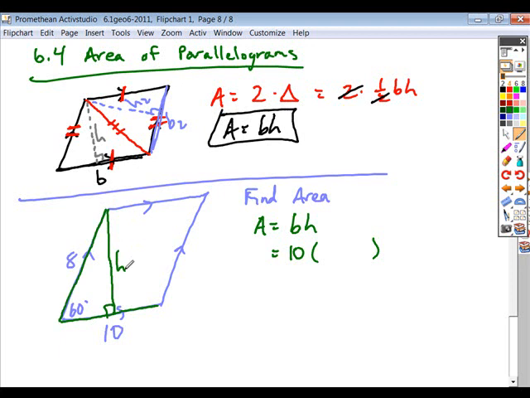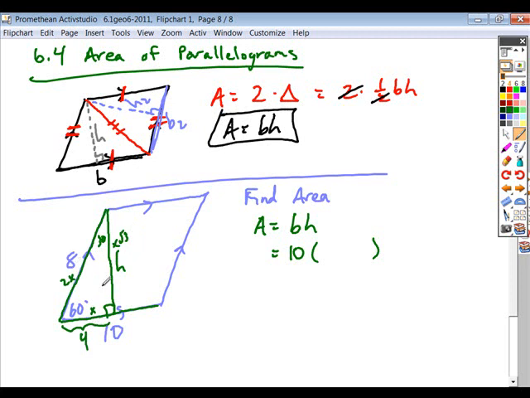Okay, by drawing in this height, we created a right triangle with a 60-degree angle and this 90-degree angle. Therefore, we have a 30, 60, 90. If the hypotenuse is 8, what does that mean this side opposite 30 degrees is going to be? Again, we have an x, 2x, x root 3 pattern, so it's going to be a 4, half of 8.